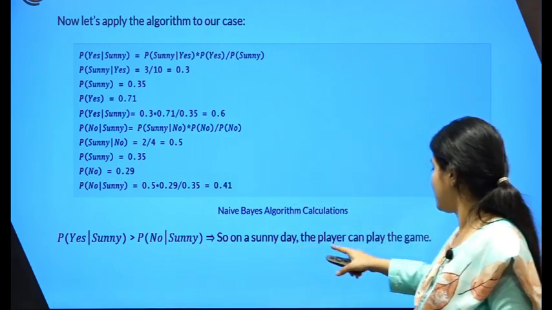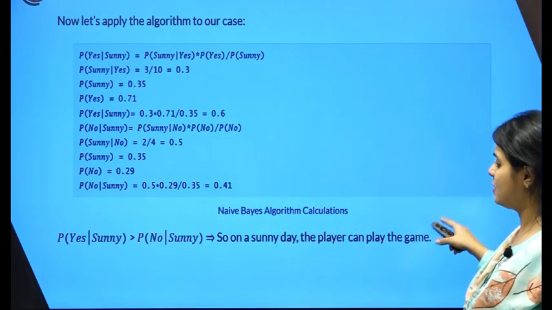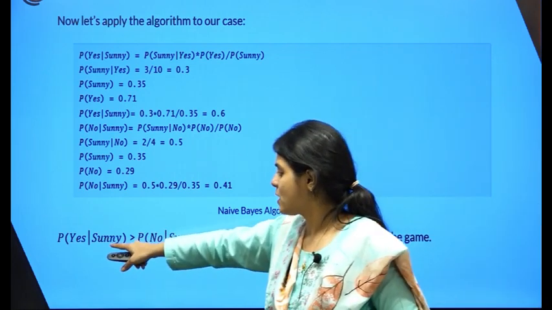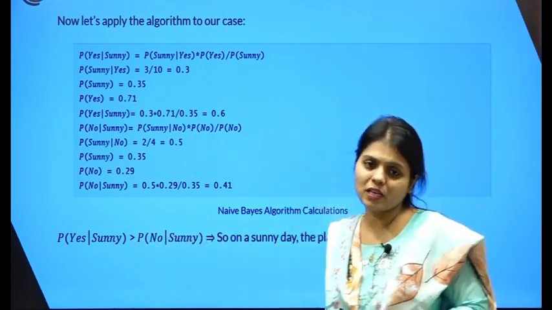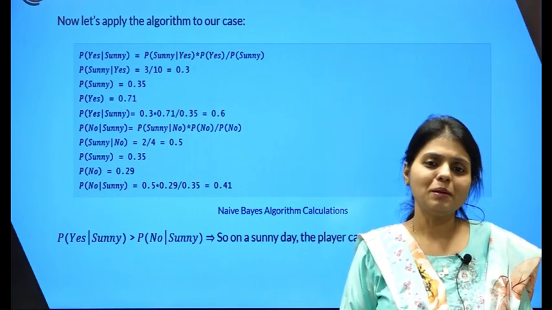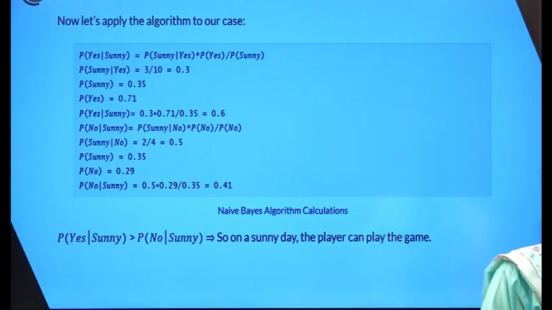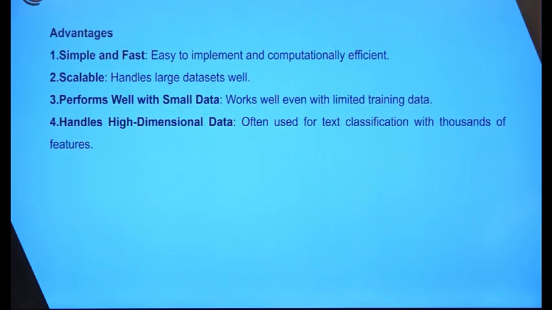So on a sunny day the player can play a game. In this way we apply Bayes theorem for each instance in the given data table and check the probability, and if the probability of yes is more than no, then we say that the player can play tennis. This is how we apply the algorithm and calculate.